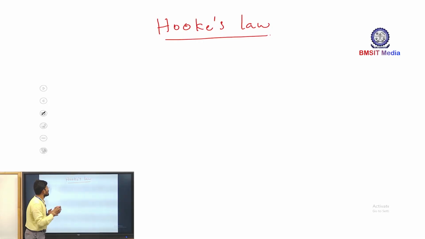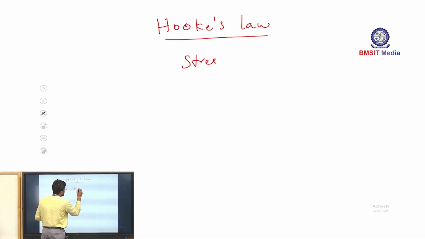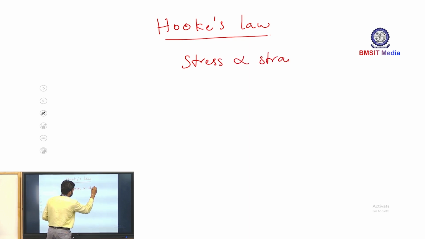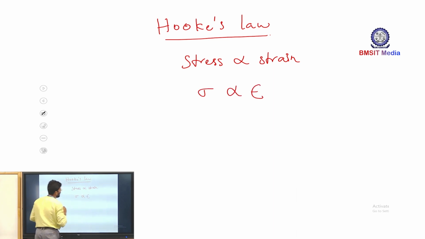Hooke's law states stress is directly proportional to strain. So stress, sigma, is directly proportional to strain, epsilon. In order to remove this proportionality, we add a proportionality constant.